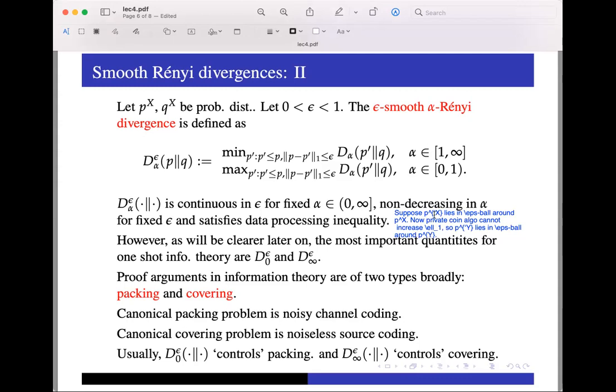Now suppose I'm thinking of d epsilon alpha of Px with respect to Qx, alpha bigger than 1. To evaluate it, I have to find the minimizing P prime. So take this minimizing P prime on X. Suppose P prime lies in the epsilon ball around P. That is this condition. Now, if I apply the private coin algorithm, I know that it cannot increase L1 distance.